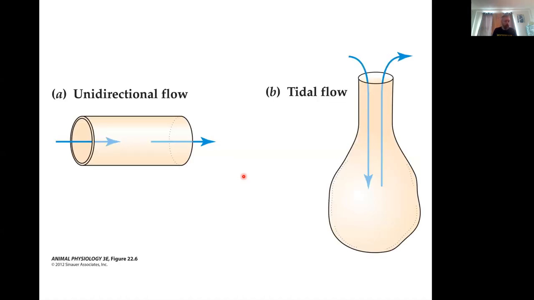When we get above the very, very, very small, this is when we need to worry about bulk flow or convection, right? So we can talk about bulk flow slash convection.